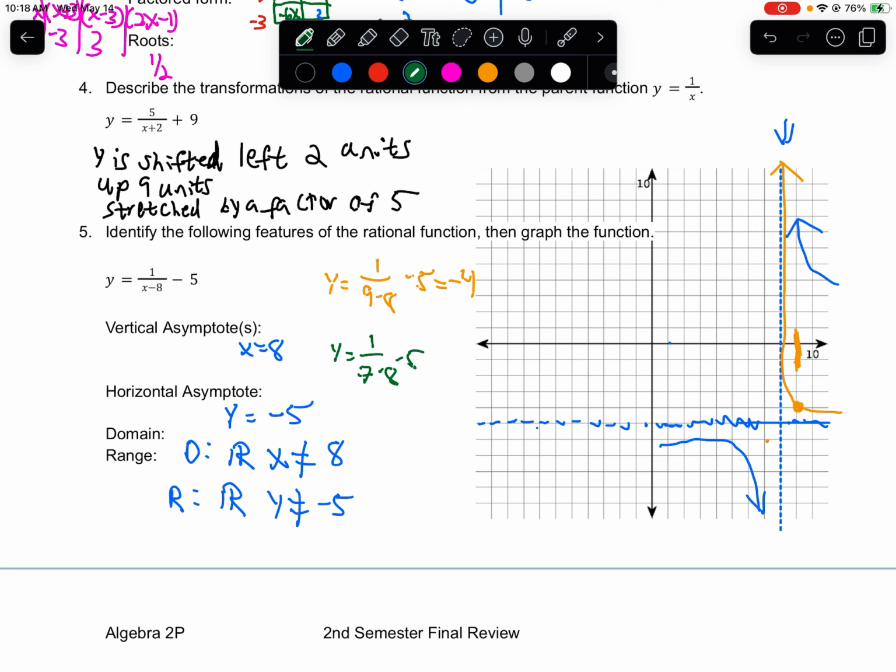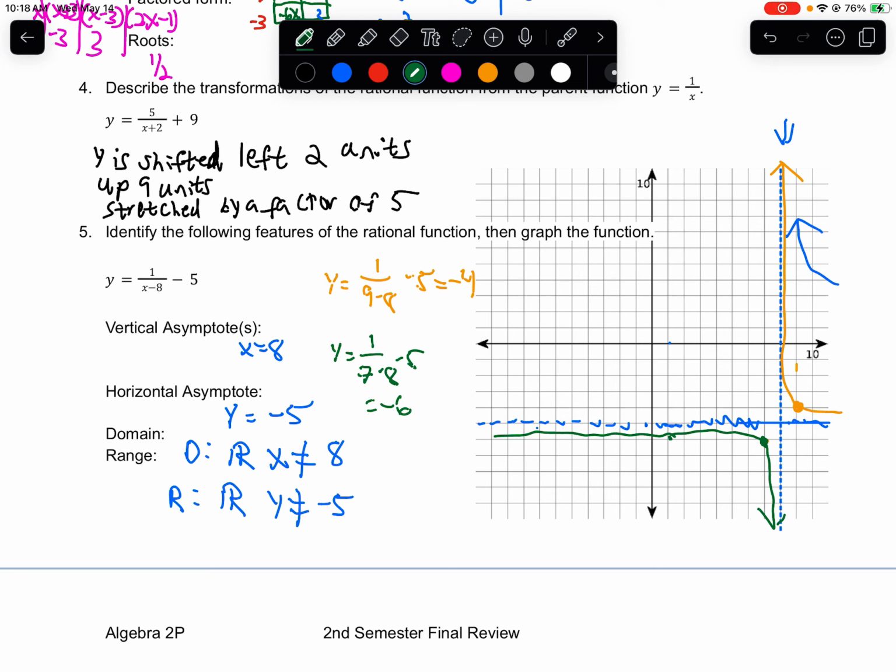That's negative 1 minus 5, which is negative 6. So that puts you right there. So you know this graph to the left, I'll use green now, is going to bend and do that, and it's also going to keep going to the left. So there's the graph. All right, pretty straightforward.